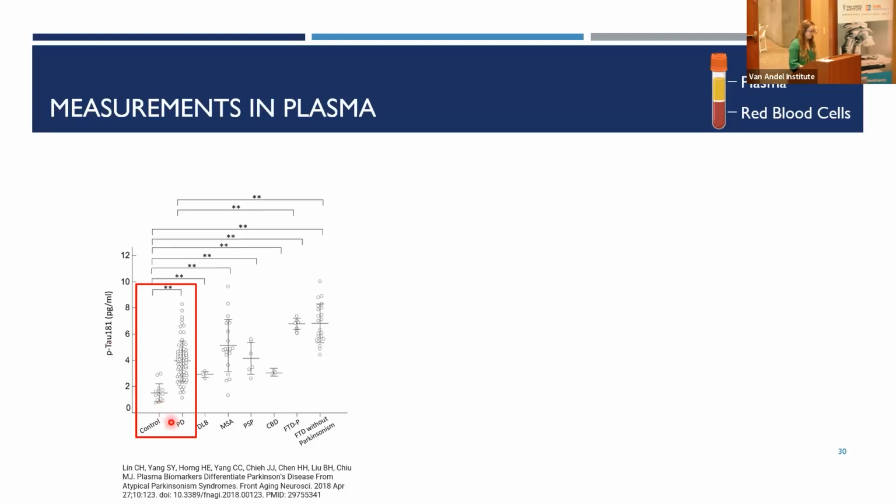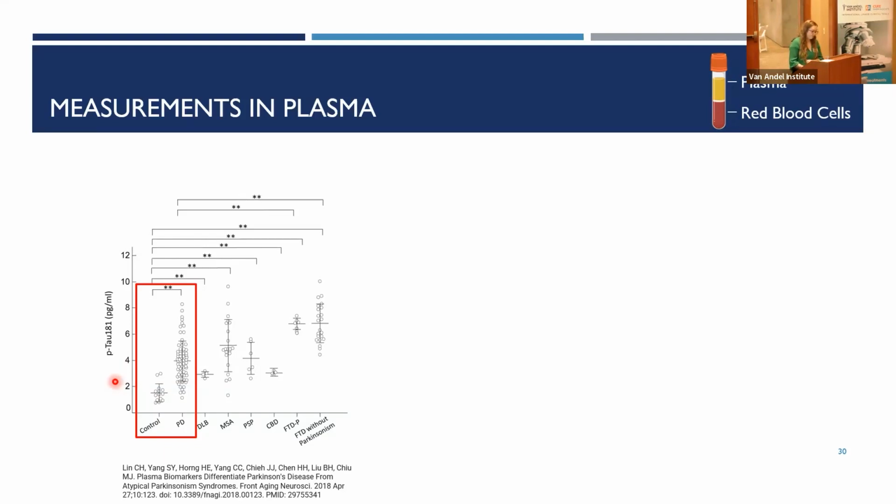And you can see between healthy controls here and the Parkinson's disease patient, there was an increase in the amount of aggregated tau in the plasma. You can see that because these are higher up where the number is. So we see this increase in tau in the blood. And the study was actually replicated.